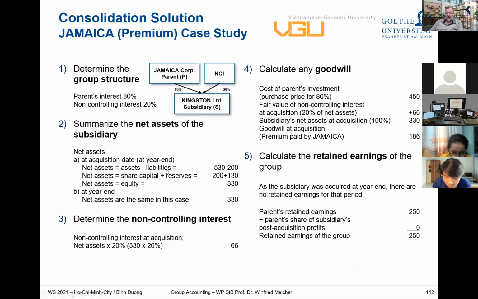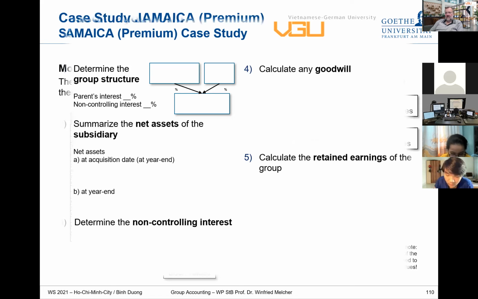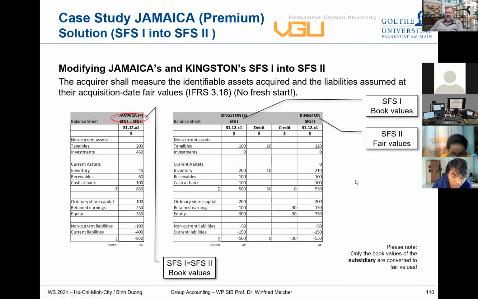Same thing with liabilities. So net assets are assets minus liabilities, which is 330. Or you just take the share capital plus the reserves, which is also 330. Or, if you have that number, you just take net assets, which is equity. So there are 3 ways to calculate.